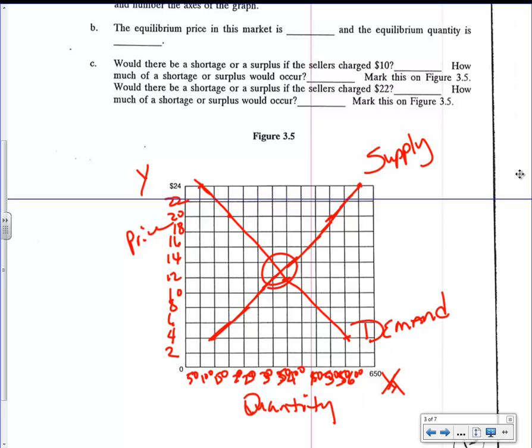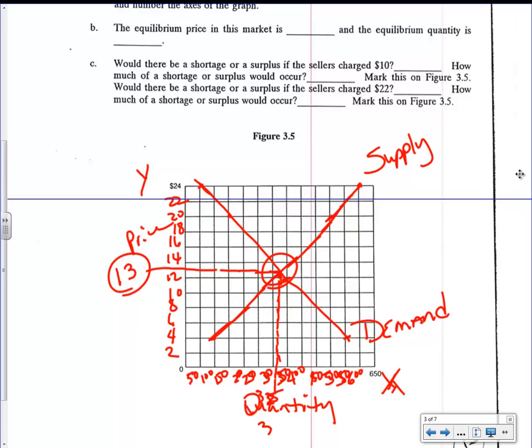Now here we're in equilibrium. Our equilibrium price would be $13. And equilibrium quantity, 325.